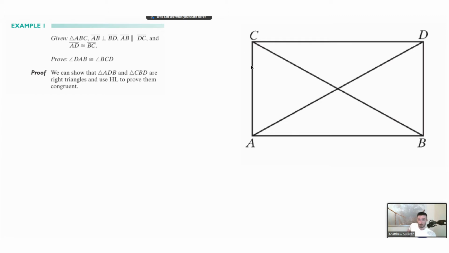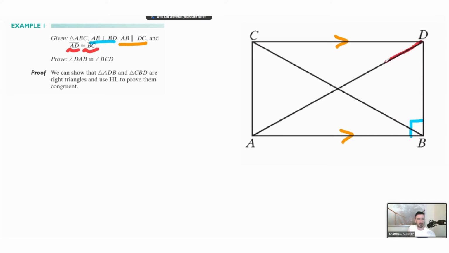Okay, so they're giving us some sort of diagram, and they're also telling us that AB is perpendicular to BD. Here's AB, BD is there, so that means you have a right angle there. And they're also telling you that AB is parallel to DC. That means that this one and that one are parallel. And they're also saying that AD is congruent to BC.